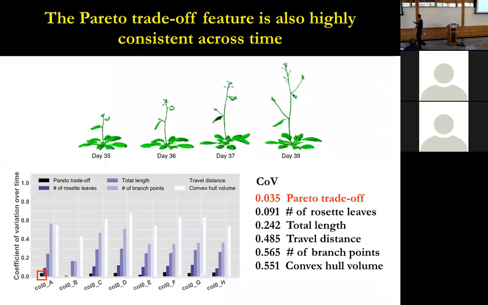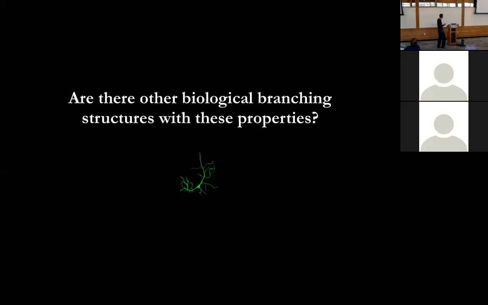So what this means is that as the individual plant is growing and deciding where to put the next leaf, it seems to be constrained to make a very similar kind of trade-off between these two objectives. And we're still trying to understand what this means and how we can use this for doing more predictive phenomics, but I think this is an interesting place to start.